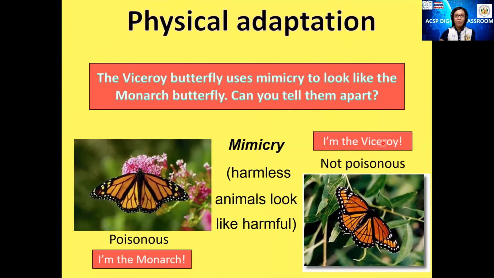For example, this is the viceroy. The viceroy is not poisonous, but it looks like the monarch butterfly, because the monarch butterfly is poisonous. When the viceroy looks poisonous, the predator won't eat it. So that is the physical adaptation of the viceroy butterfly.